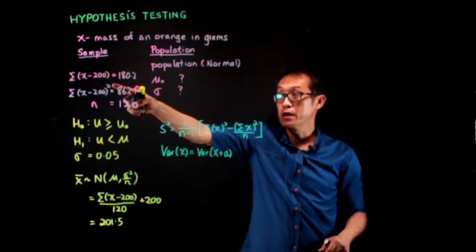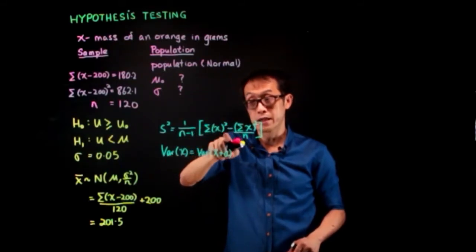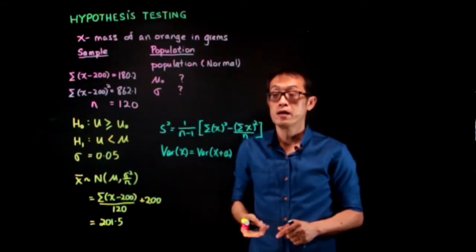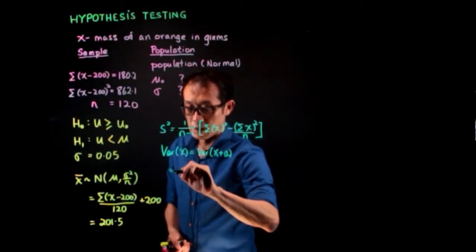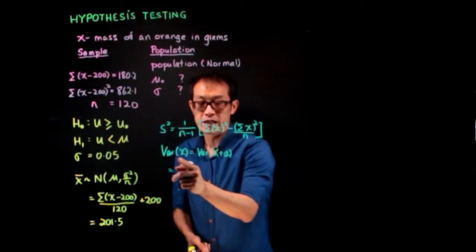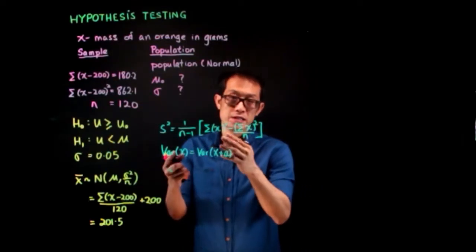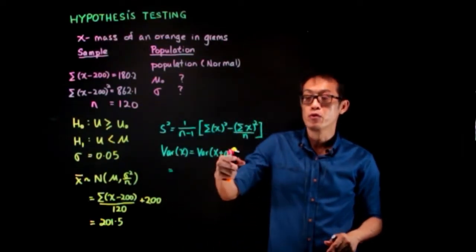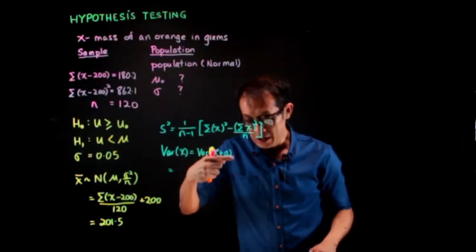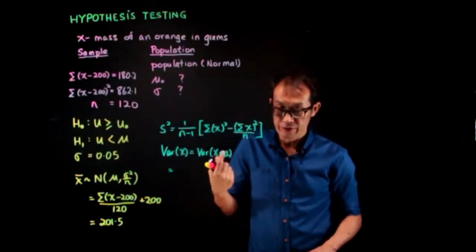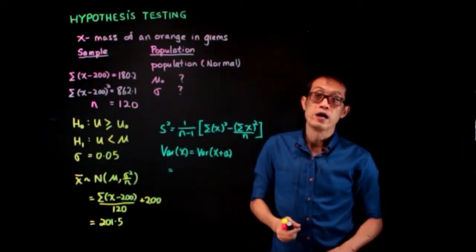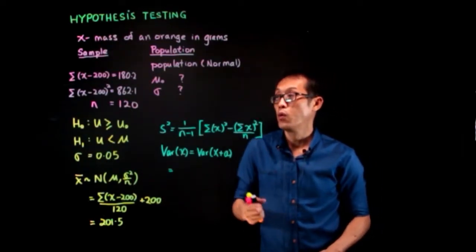You can simply substitute the values into the formula and you will get the sample variance. I have done a lecture on this, on why it is the same. If you want to know more about it, you can look it up via the URL link listed below.